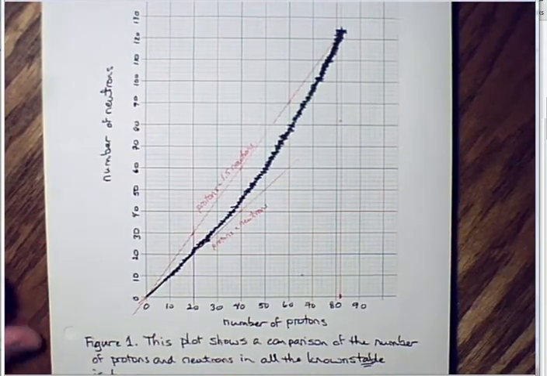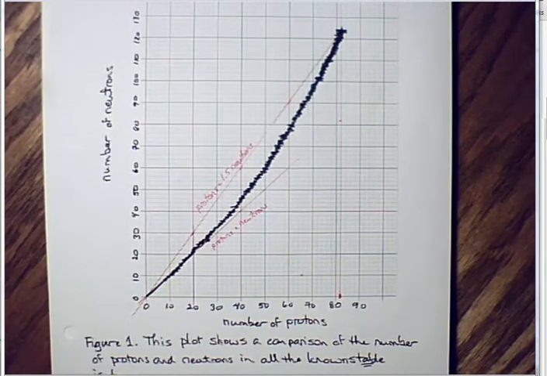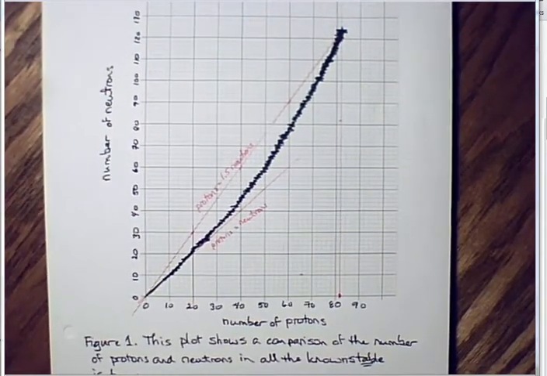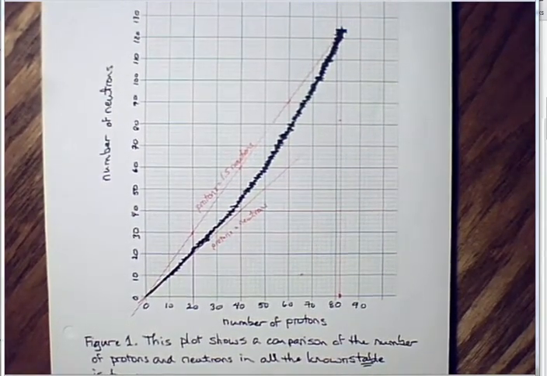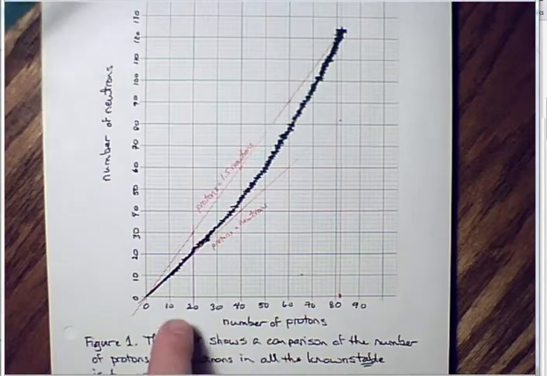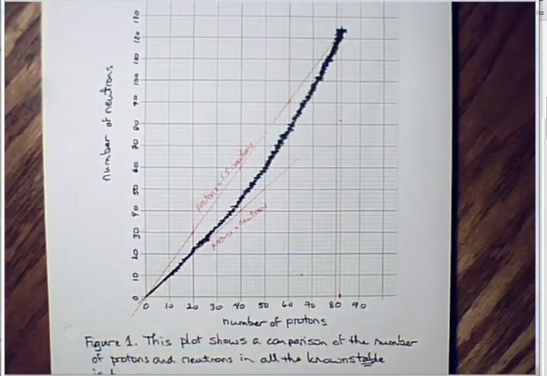Because this is an estimated curve anyway, but is it likely to be stable or not? No. So the argument is that it's no. Anybody disagree? Can you explain how you can tell whether it's stable or not? If it's on this curve, it's stable. If it's not, it's not.